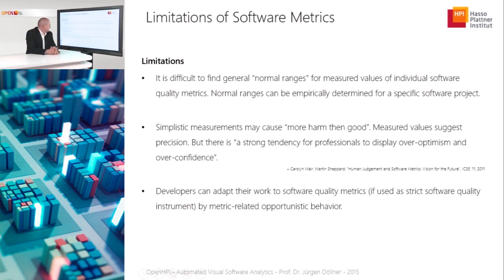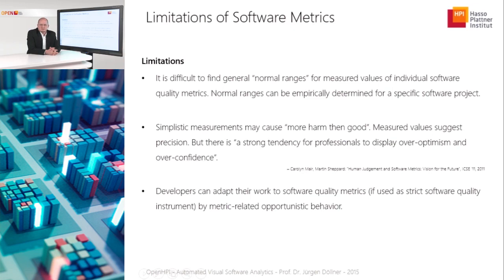Measured values suggest precision, but there's a strong tendency for professionals to display over-optimism and overconfidence. The human judgment and software metrics is a difficult relationship. In general, there's another inherent limitation.